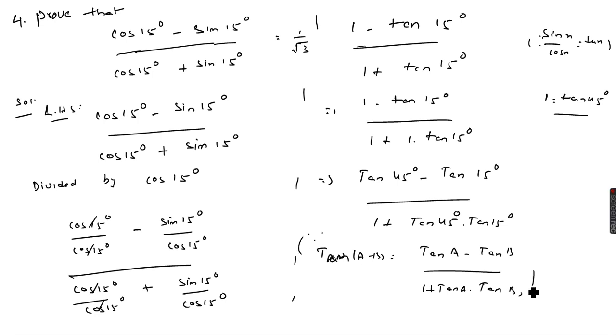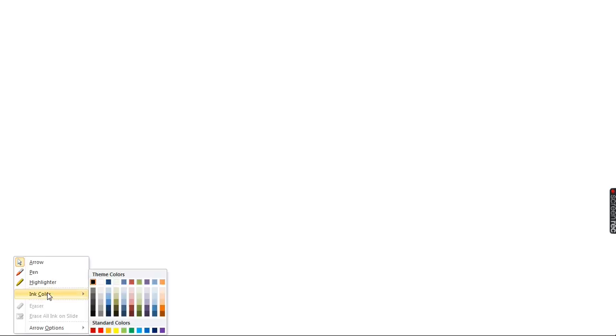So that is nothing but tan of A minus B, that is tan of 45 minus 15.